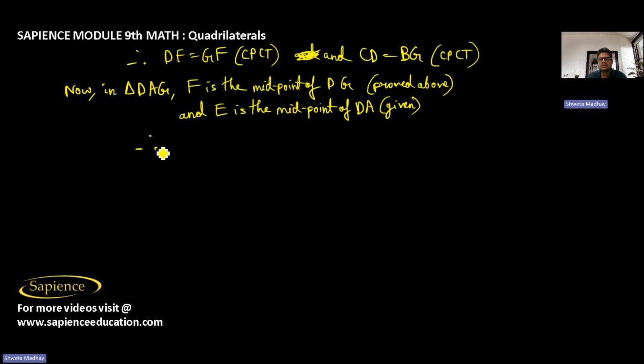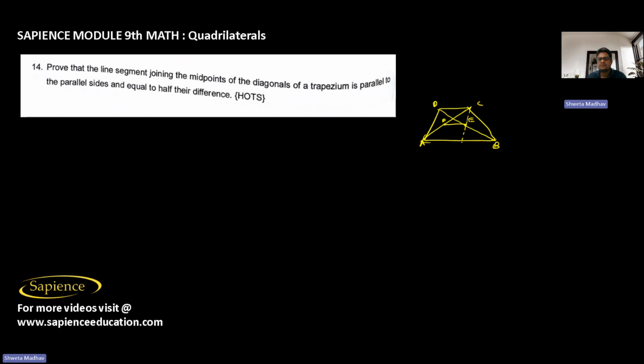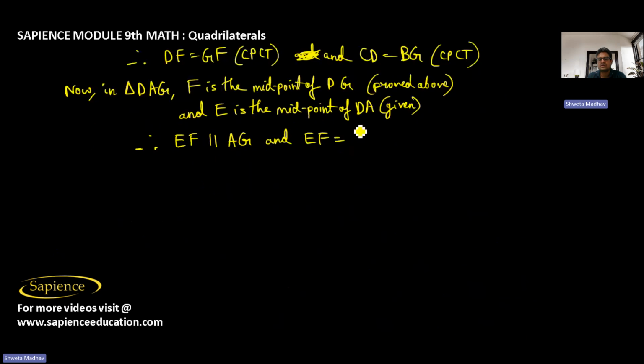Therefore EF is parallel to AG and EF equals half of AG by the midpoint theorem.